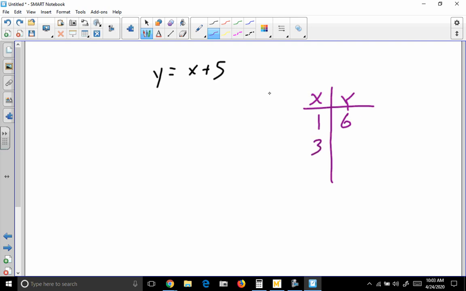If we plug in a 3, 3 plus 5 is 8, and only 8. So when we plug in that number, we only get one answer. And that's going to be true no matter what we plug in. Any number we plug in, when we add 5 to it, there's only going to be one answer. So if each x only has one y that goes with it, it is a function.